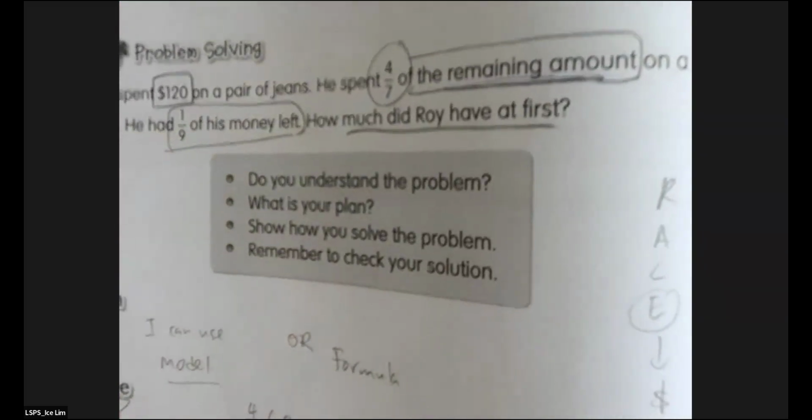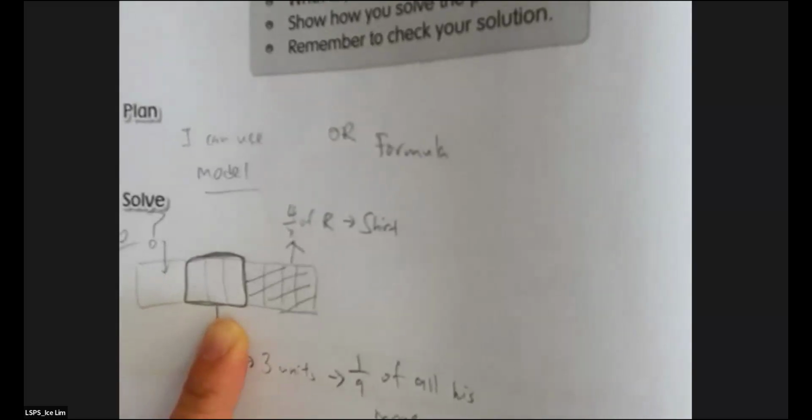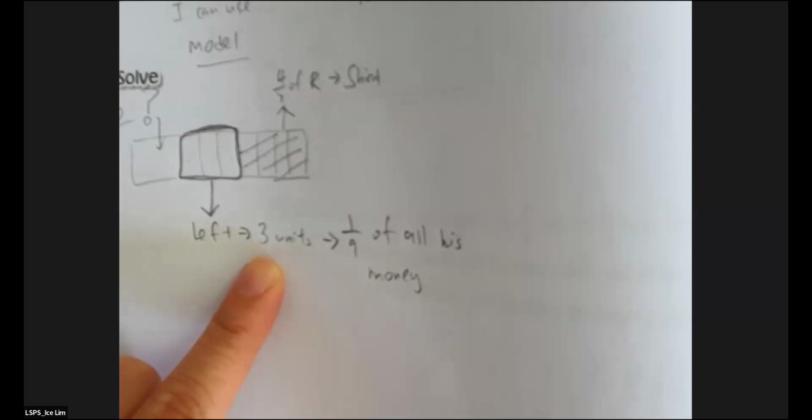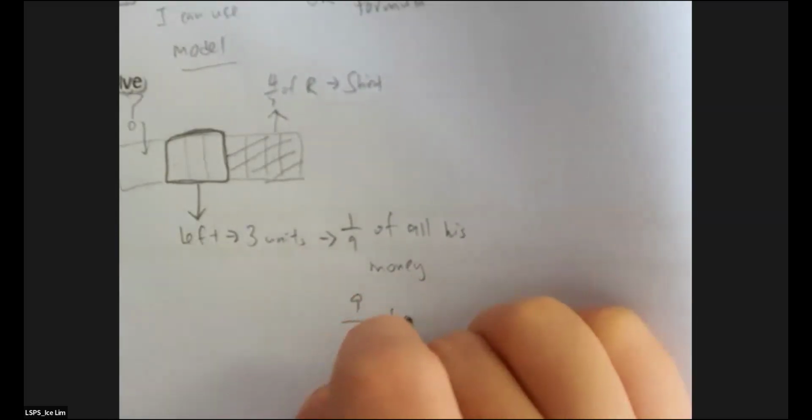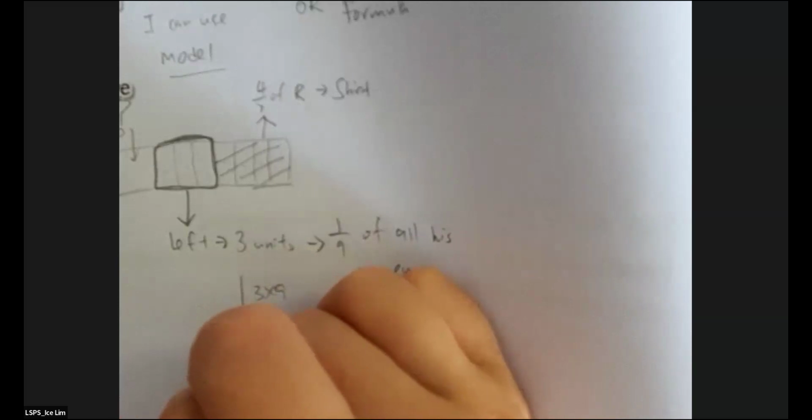So this is the part that's left, and that's 3 mini units. And he says it's 1/9 of all his money. So what is 9/9 of all his money? Yeah, okay. That will be 3 times 9, that's 27 units.